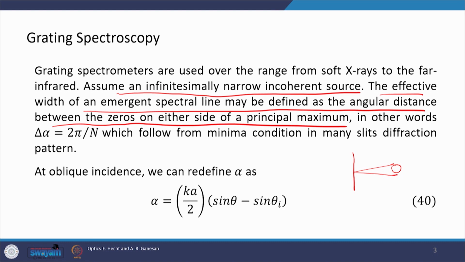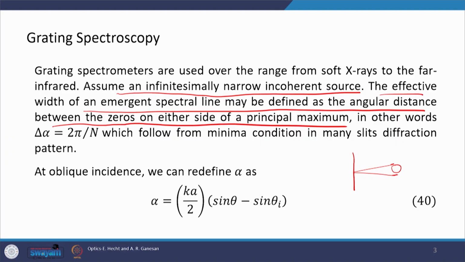Now, since we are talking about grating, we will always correlate the grating with the multiple slit diffraction.